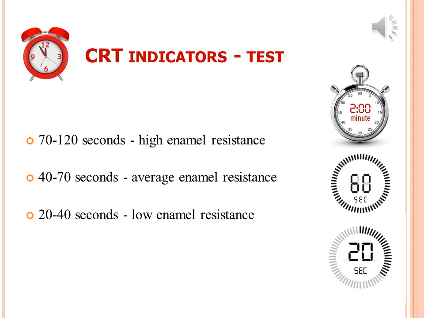If it takes from 70 to 120 seconds, this is a high enamel resistance. If it takes from 40 to 70 seconds, average enamel resistance. And if it takes from 20 to 40 seconds, lower enamel resistance.